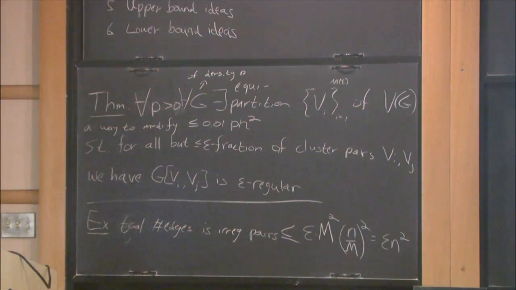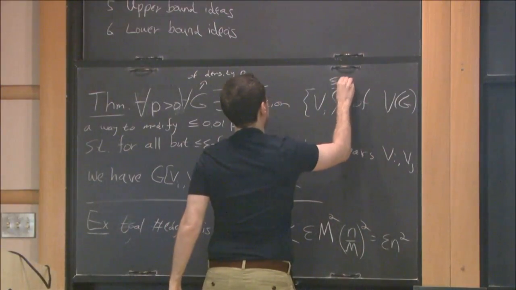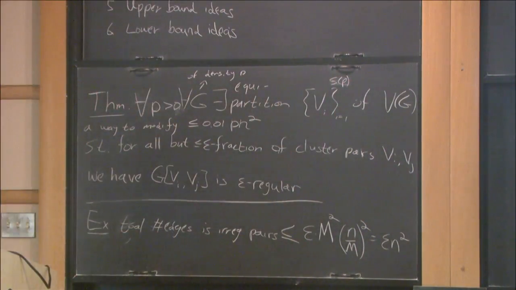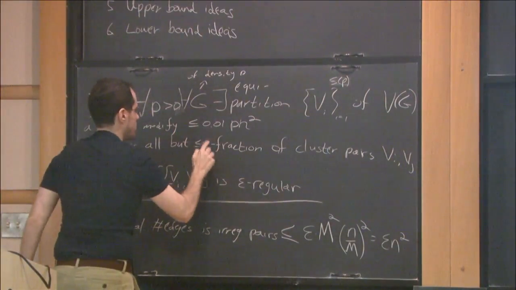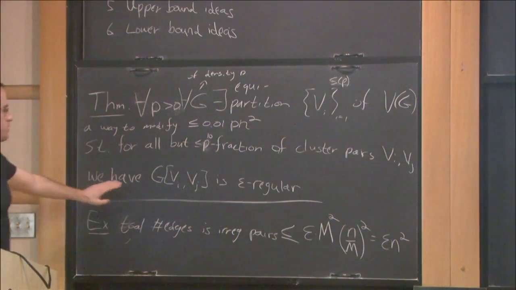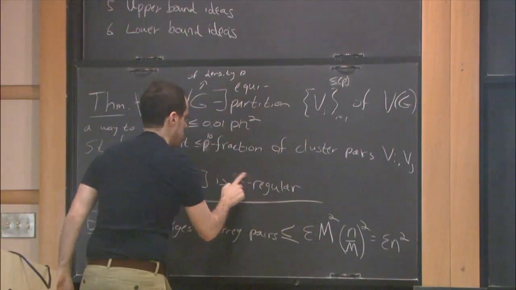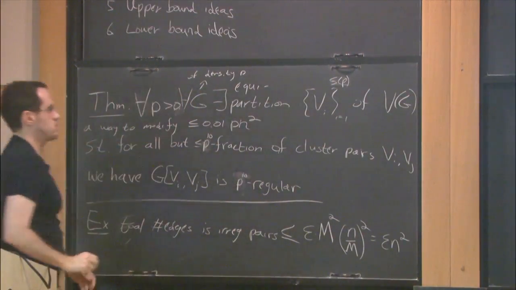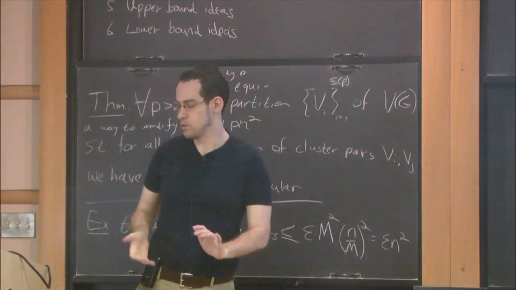So m of epsilon is replaced by S of p. This is the number of parts, the best possible number of parts that we can get, such that for all but epsilon, so this will be p to the 10, fraction of cluster pairs, we have that the induced bipartite graph is p to the 10 regular.